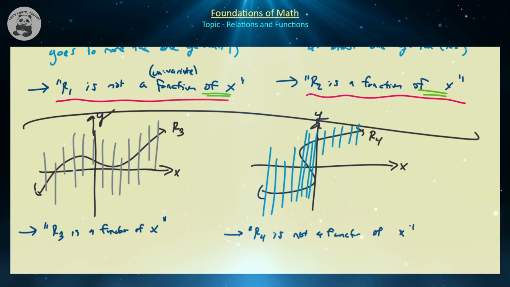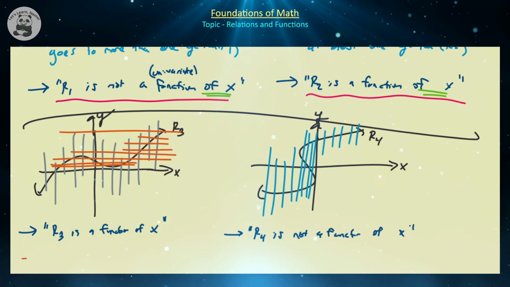Now, could you also say something about functions of y's? And the answer is, of course, yes. So for example, if I consider horizontal lines, for example here, this horizontal crosses once, once, once, once, and notice that these lines cross more than once, so we clearly see that R3 is not a function of y.